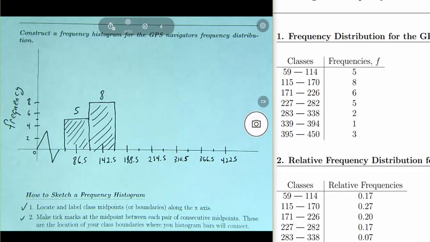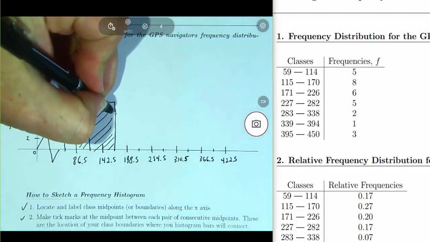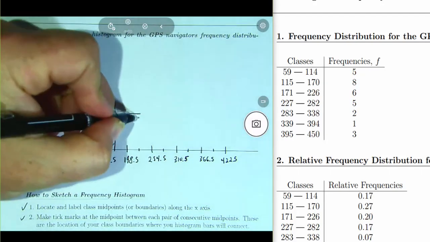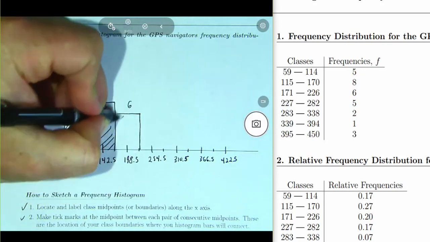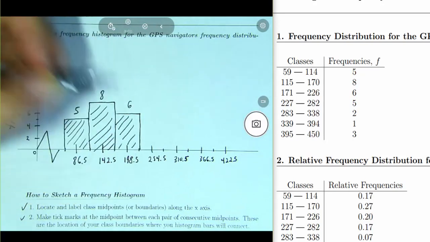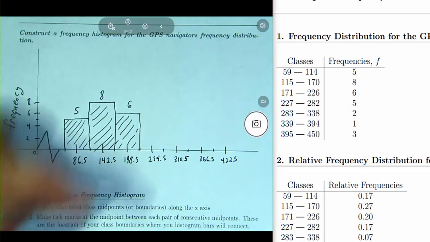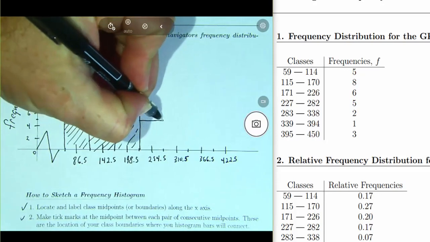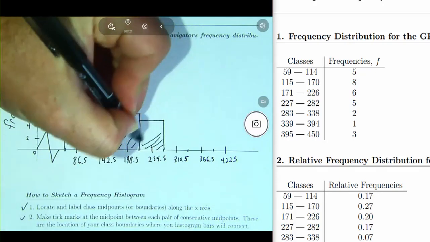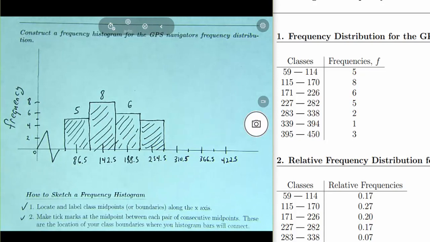Third class has a frequency of 6, so we'll draw a bar with a height of 6, centered around the third midpoint. Frequency of the next class is 5, so another bar with height 5. So histogram bars are always centered at the midpoints, and they connect at the boundaries.